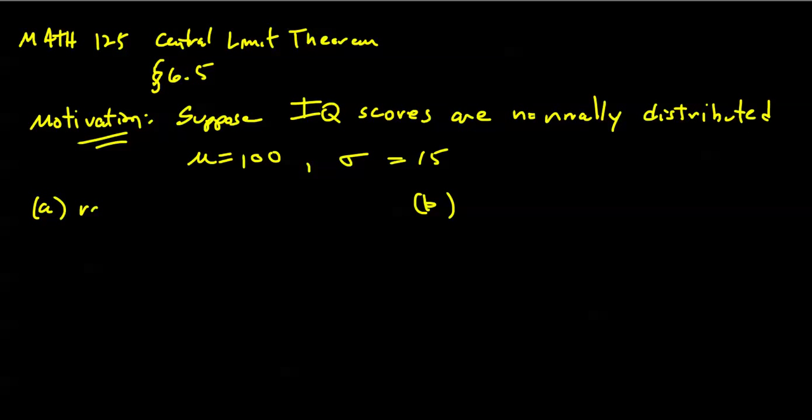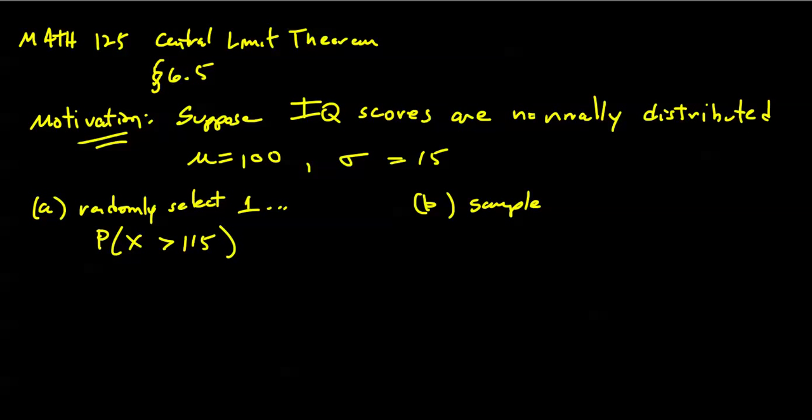In scenario A, I'll randomly select one IQ score. And then I'll ask, find the probability that this IQ score is greater than 115. I'll use X to represent that variable IQ score. In scenario B, I'll take a sample of size 30.